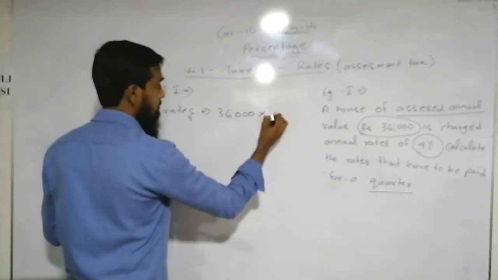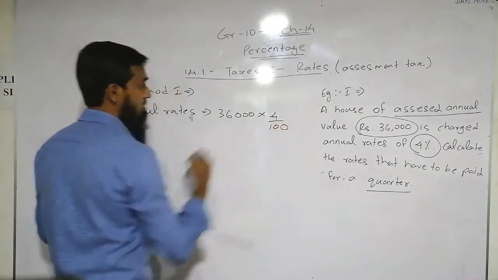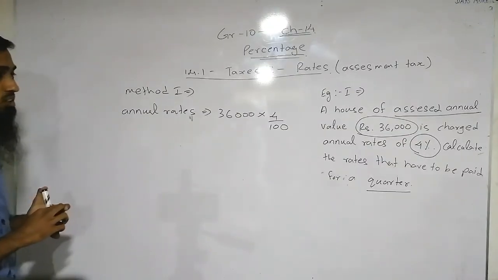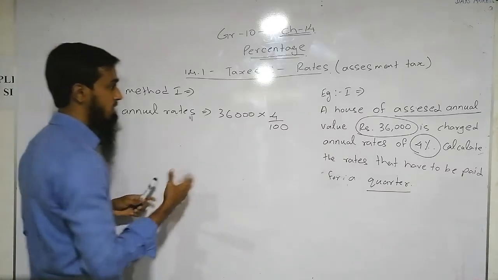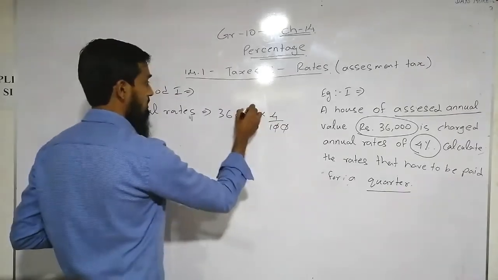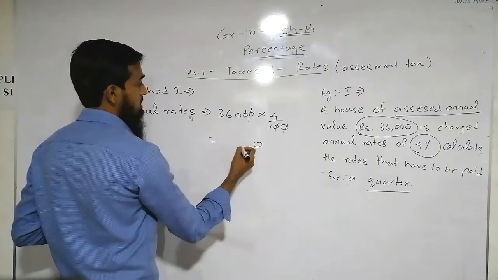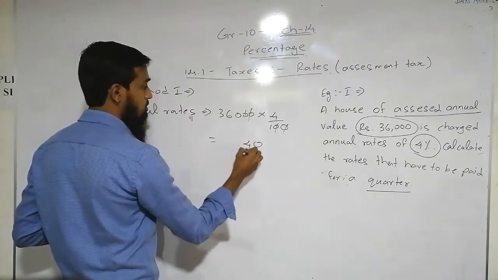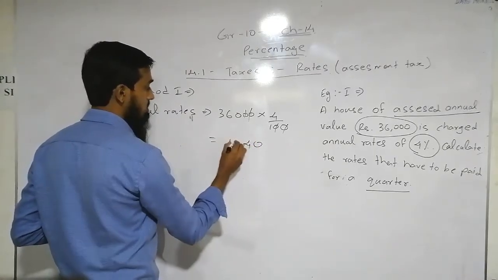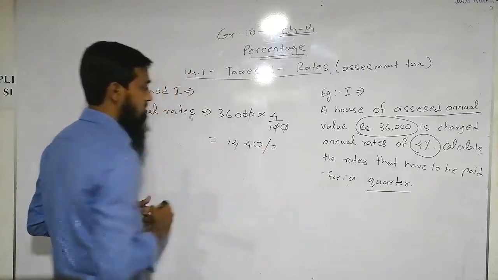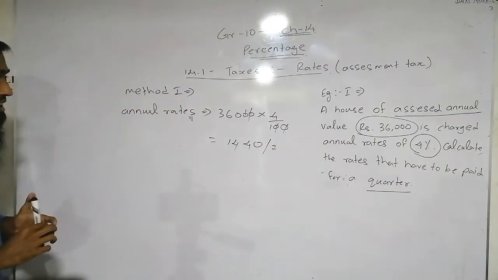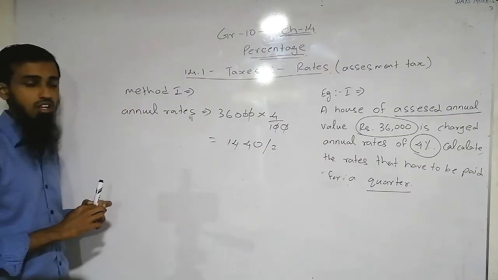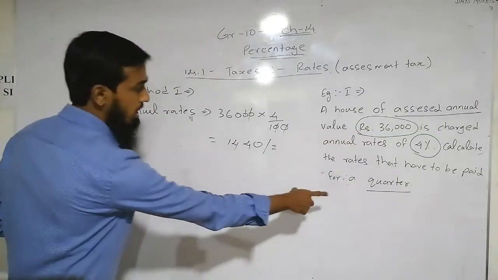So 36,000 into 4 over 100. So 4% of 36,000, we have to calculate the 4%. What is the 4%? If you simplify it, 4 into 6, 24, 2 balance, 1,440. So the annual rates is 1,440.